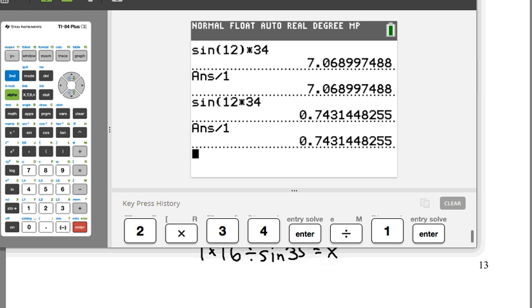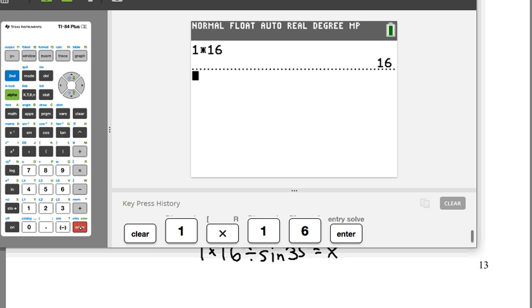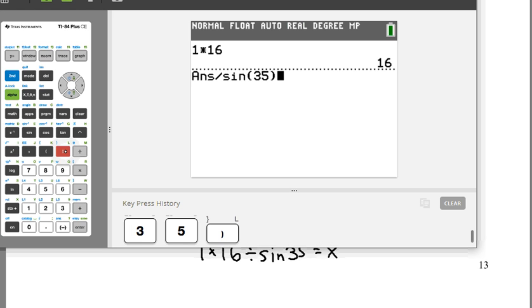So let's go to our calculator. 1 times 16, well, that's 16. That's a no-brainer. But now we divide, and we don't divide by 35. We divide by sine 35. Close your bracket.